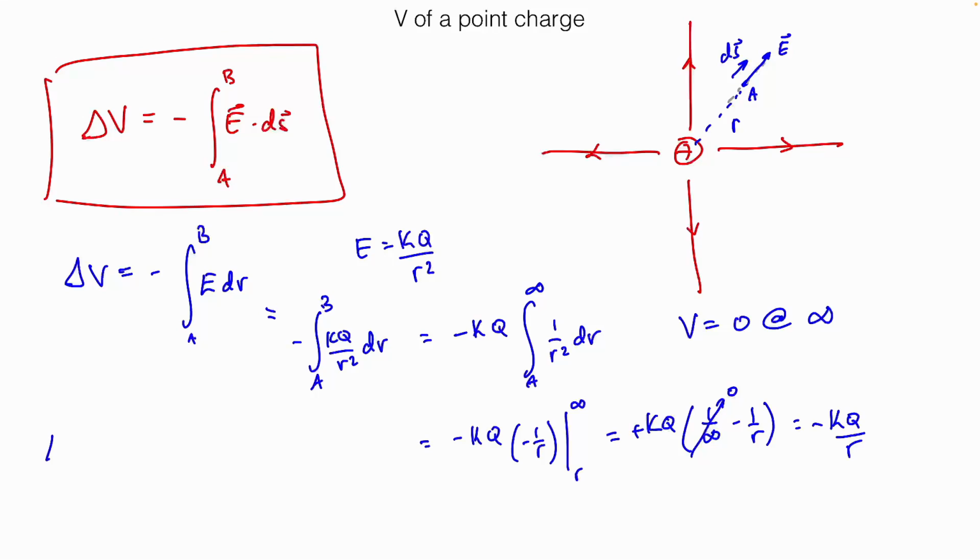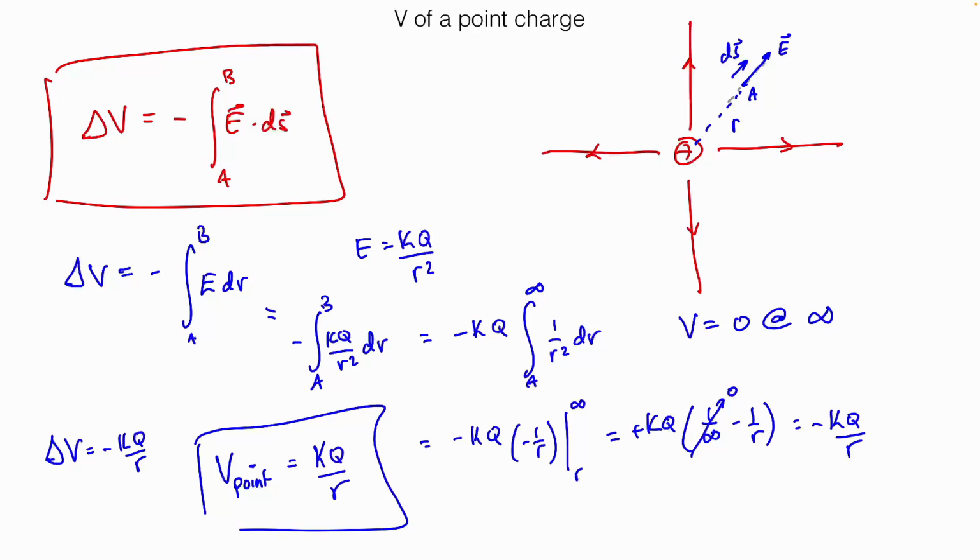So a change in potential, in reference to infinity, is negative kQ over r. So we say that the potential of a point charge is kQ over r. Now notice I dropped the negative sign and the delta there.